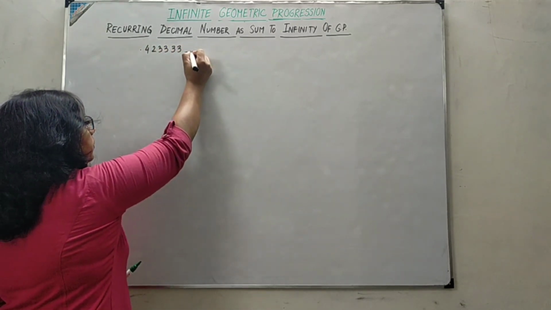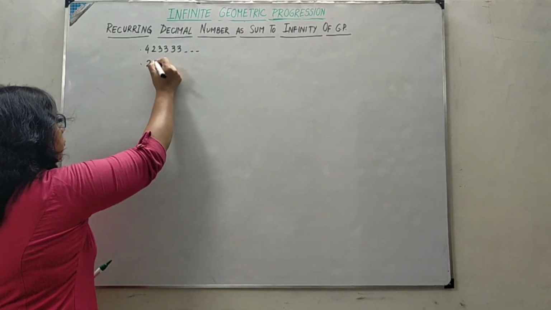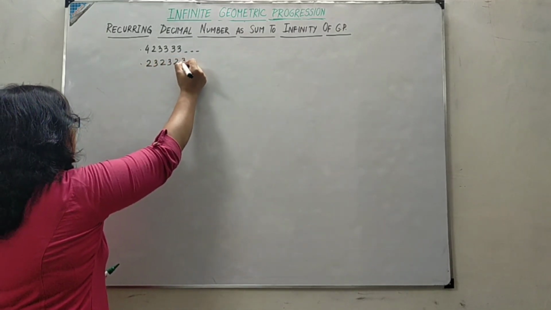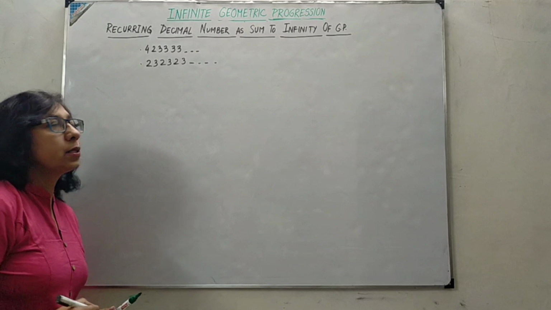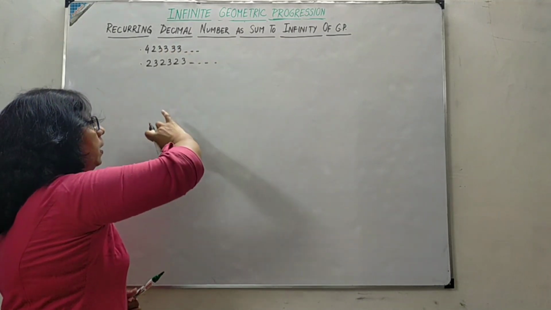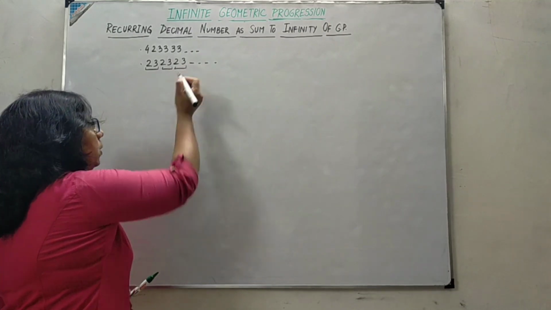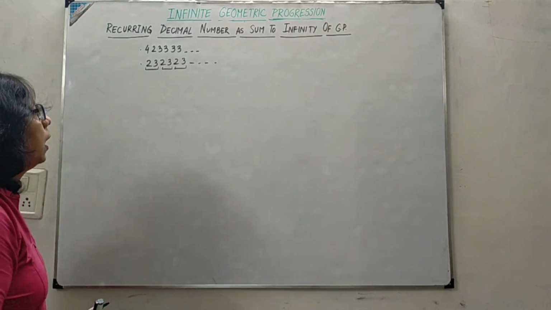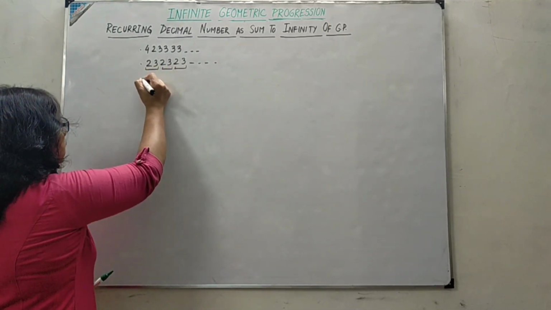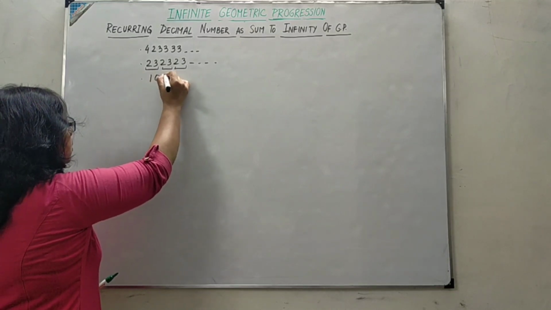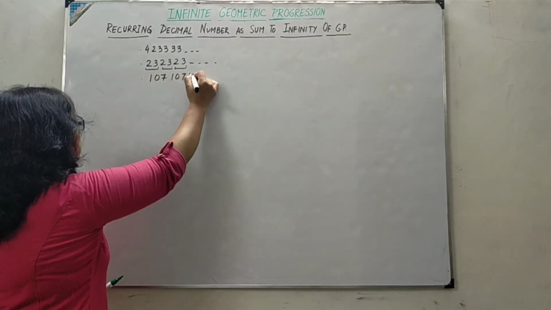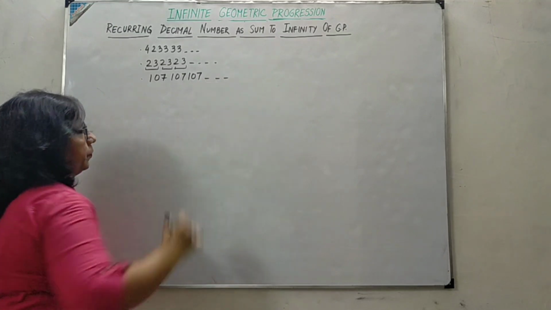This is going on, or we may have 232323 like this. This is going on up till infinity, this 3, and here this part 232323, two digits are repeating after each two digits, or I can take 107, 107, 107 and so on.